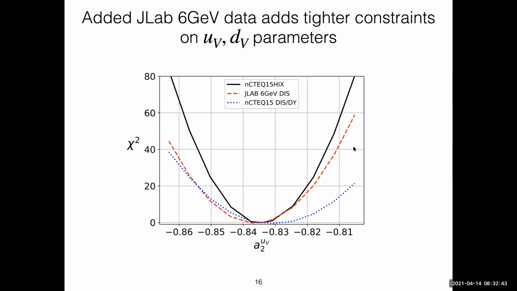And in red is the added JLab data, which has high precision at high X. And of course, what you see is in red, you're adding a tighter constraint on this parameter, slightly shifting the minima. So overall, you have a better idea of where this parameter lives, or the uncertainty is smaller, and you have a slightly new minimum with respect to the nCTEQ15 minima.